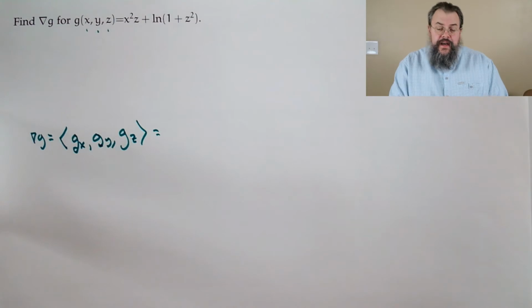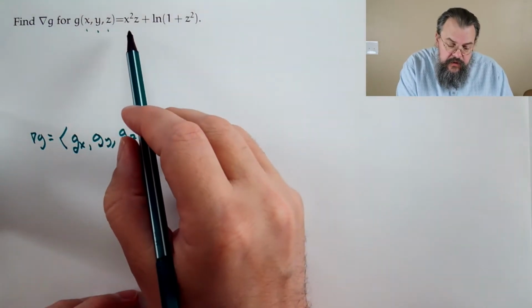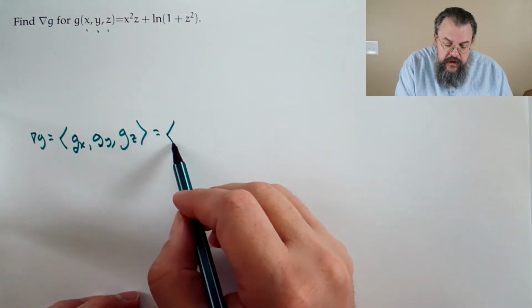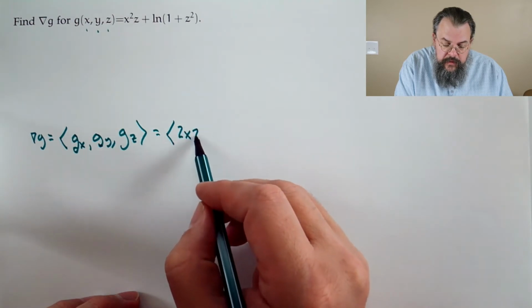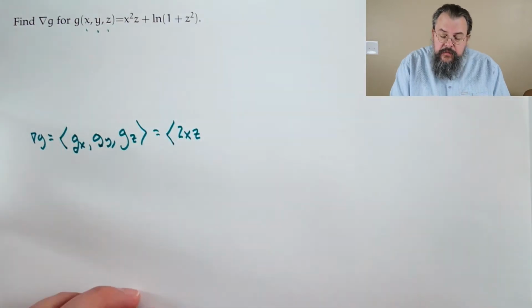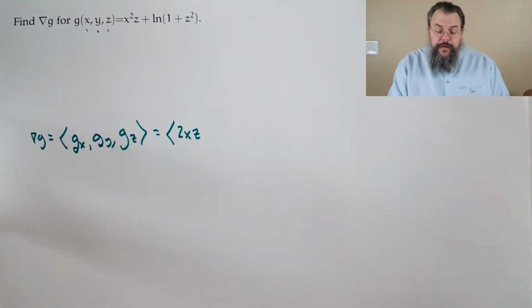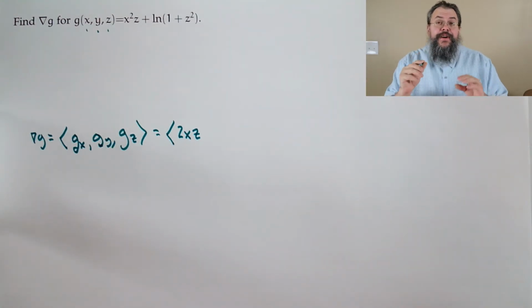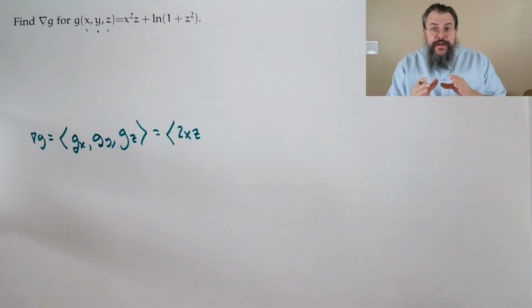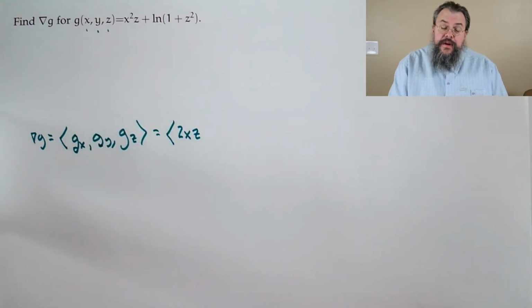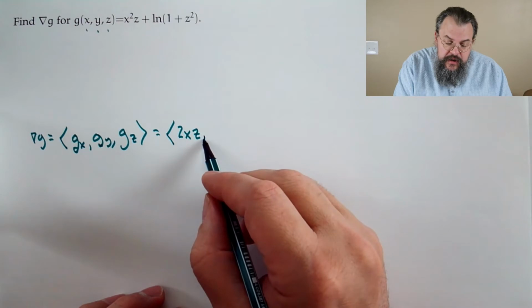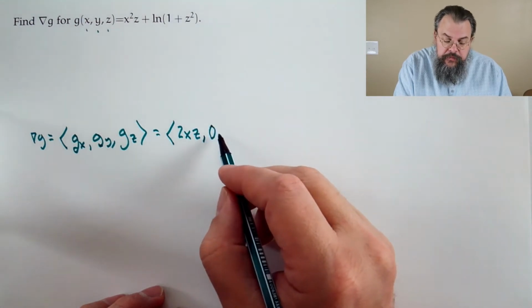Derivative with respect to x: derivative of x squared z with respect to x is 2x times z, and the other term, log of 1 plus z squared, has no x. Derivative with respect to y, and we do have to take it, remember, every single input, and y is an input. So derivative with respect to y is 0.